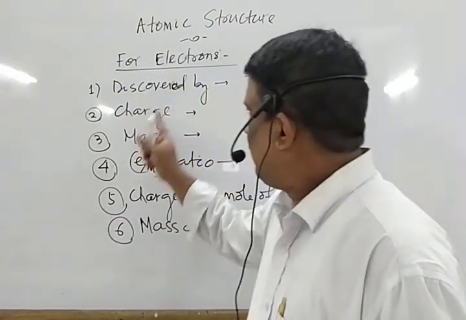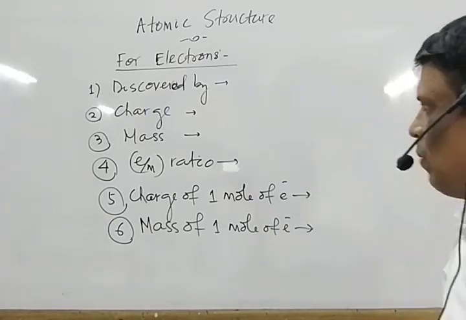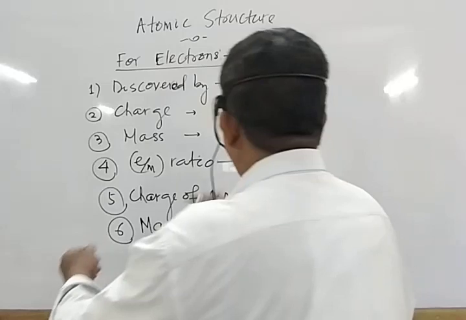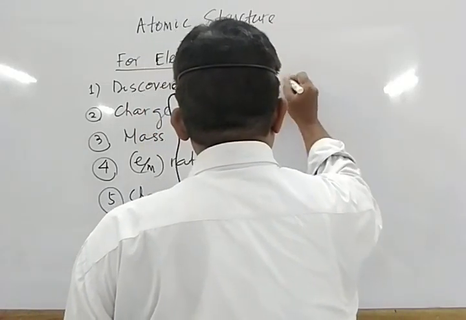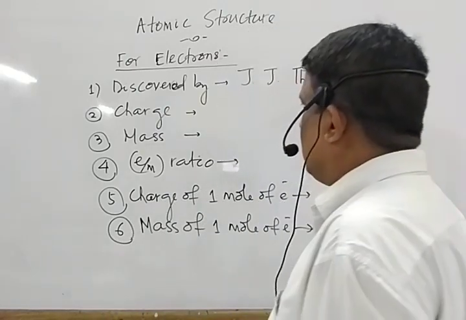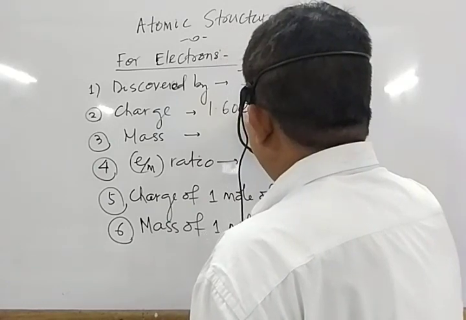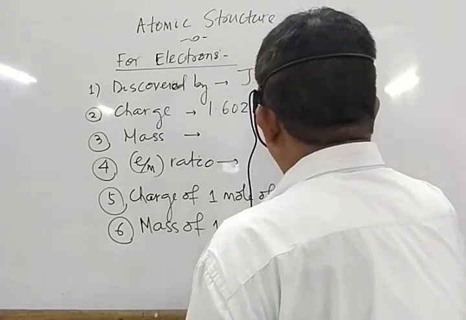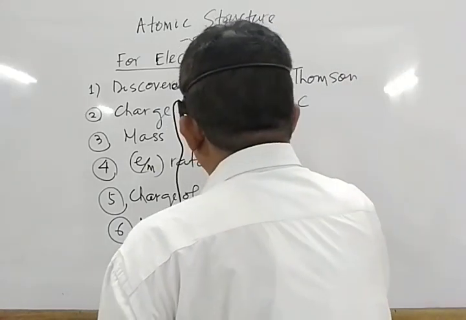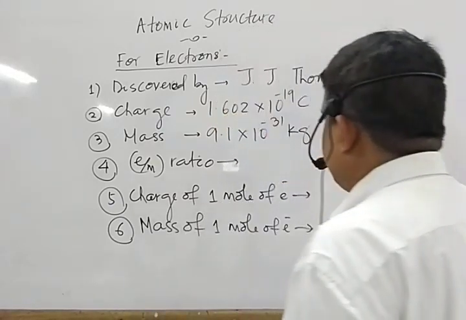It was discovered by J. J. Thomson. Next, the charge of an electron is equal to 1.602 into 10 to the power minus 19 coulomb. Next, the mass of an electron is 9.1 into 10 to the power minus 31 kg.